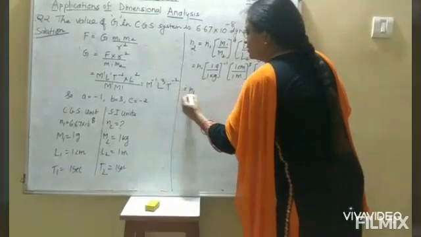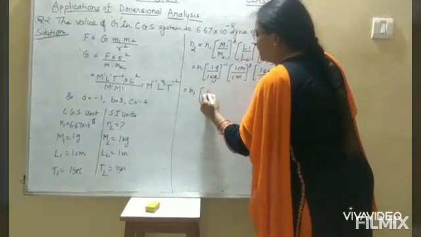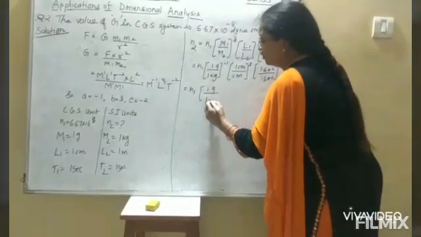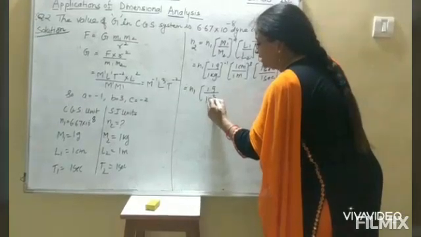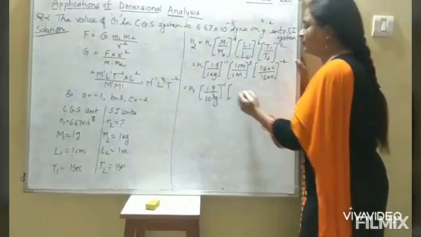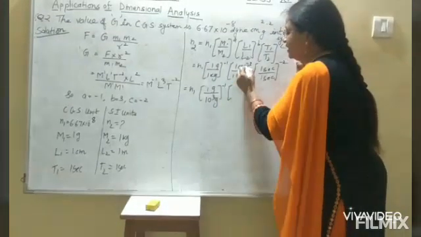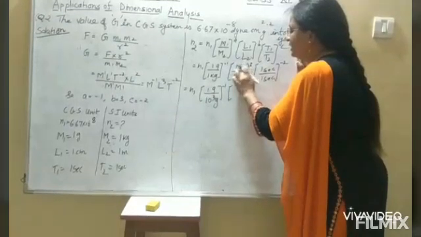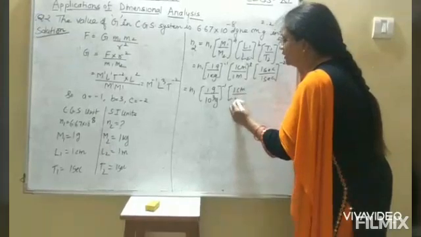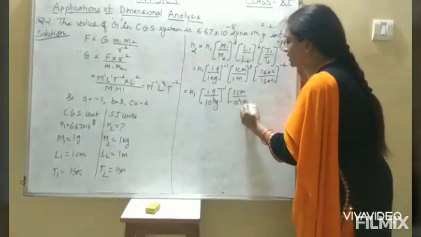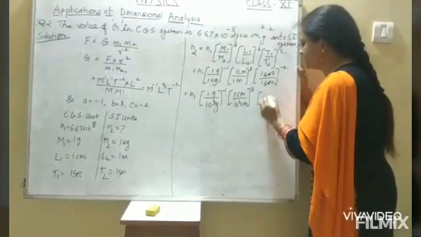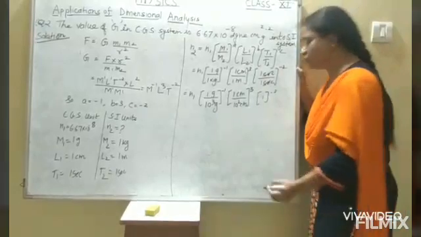So here n2 is equal to n1 into 1 gram upon 1 kilogram. We know 1 kilogram is equal to 1000 grams, so we can write 10 raised to power 3 gram, raised to power minus 1. And 1 meter is equal to 100 centimeter, so we can write 1 centimeter upon 10 raised to power 2 centimeter, raised to power 3, and second will be cancelled, so it will be 1 raised to power minus 2.